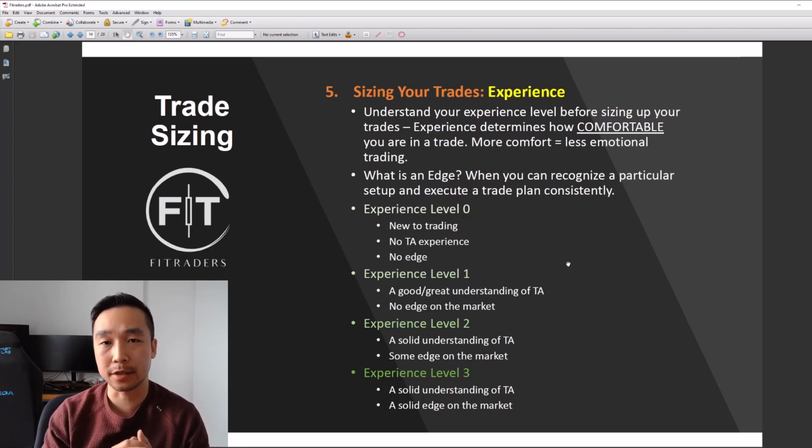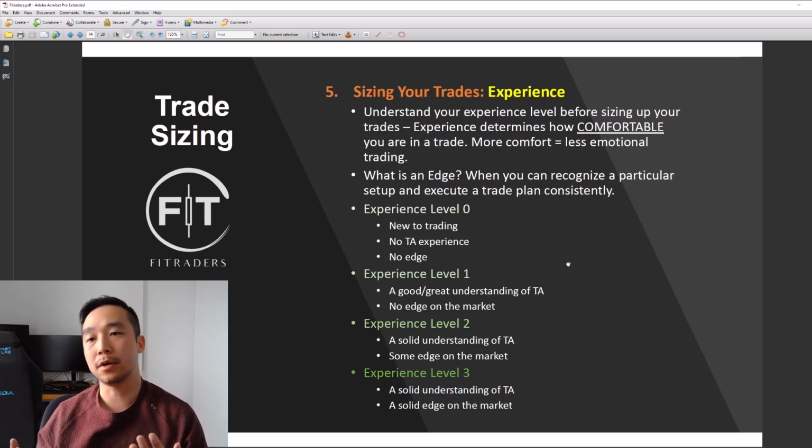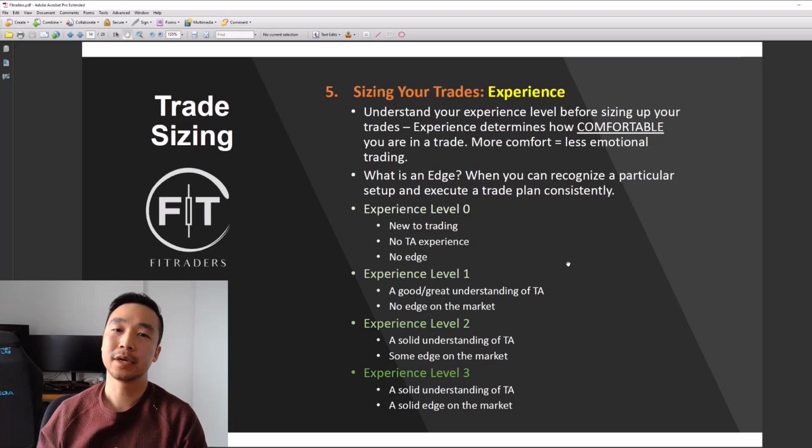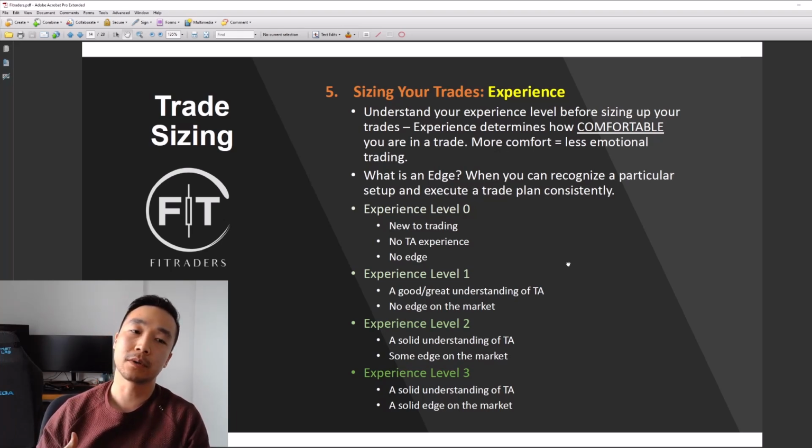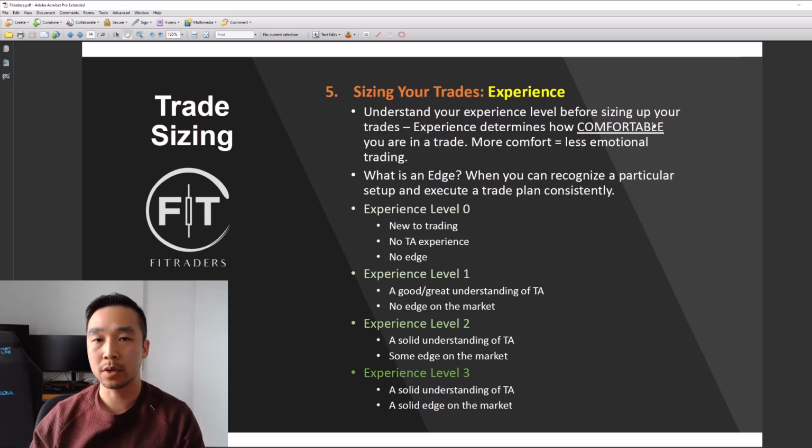So you've got to understand your experience before sizing up on your trades. How much time do you have in the market? How much time do you have staring at the market? And how much experience do you have in different setups, and how you're playing with those setups? Your experience is going to determine how comfortable you are in a trade.